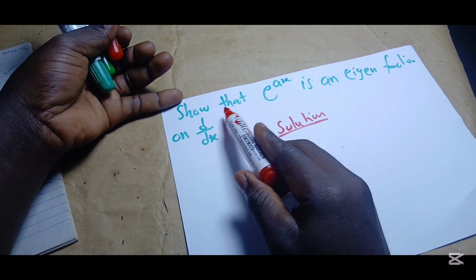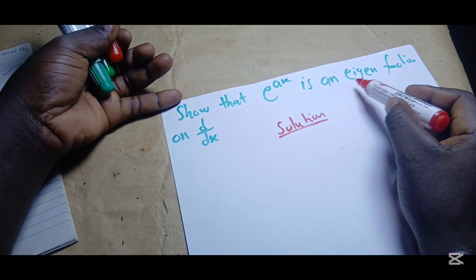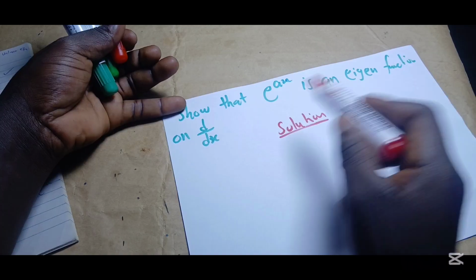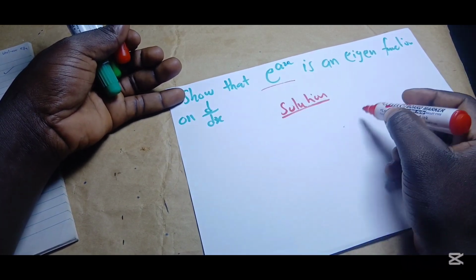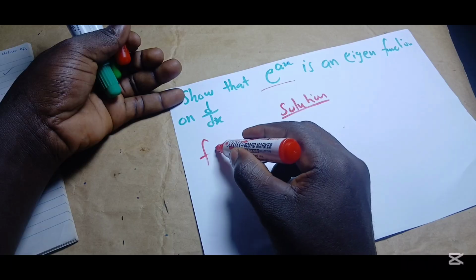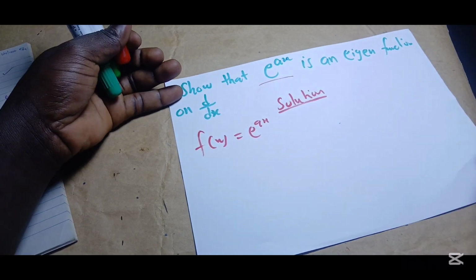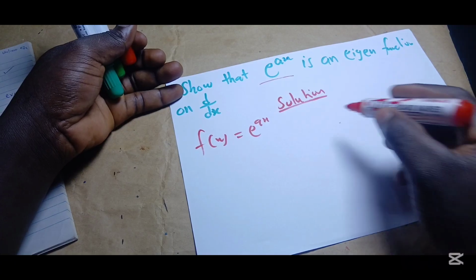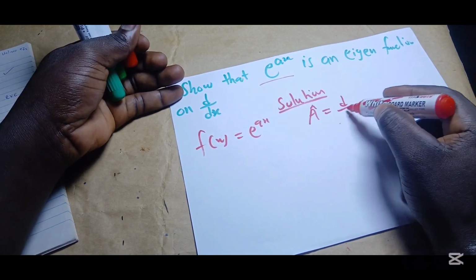You have to show that e to the power ax is an eigenfunction of d dx. Our function here is e to the power ax, and our operator here is, let's say, operator A, which is d dx.